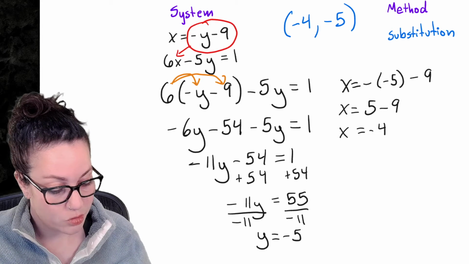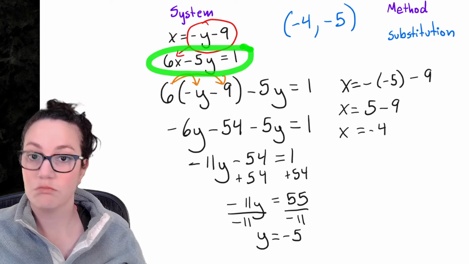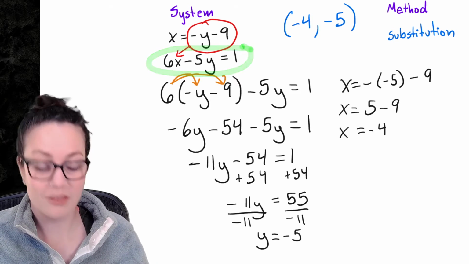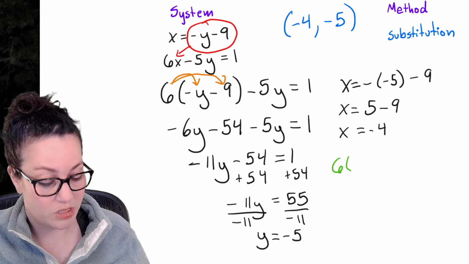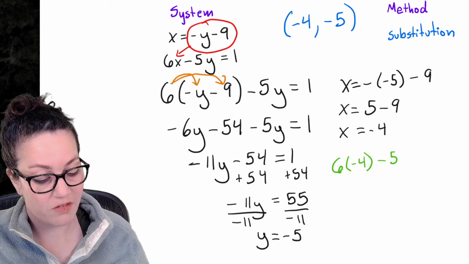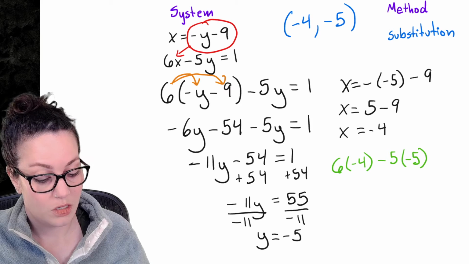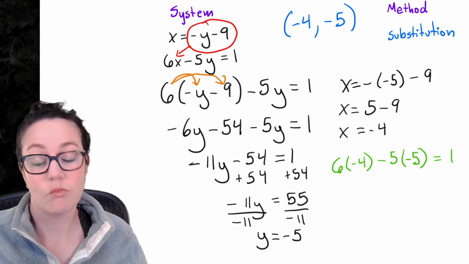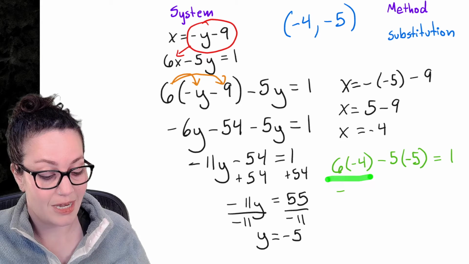All right, let's check that in green. I'm going to use this other equation just because. So I'll say 6 times x was equal to negative 4 minus 5 times y was equal to negative 5 is equal to 1. So let's see. 6 times negative 4 is negative 24.